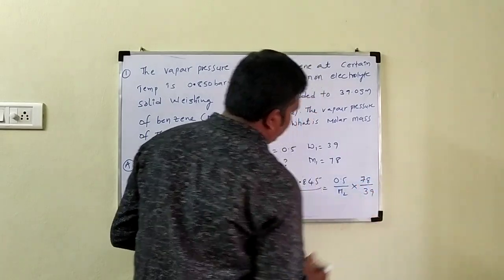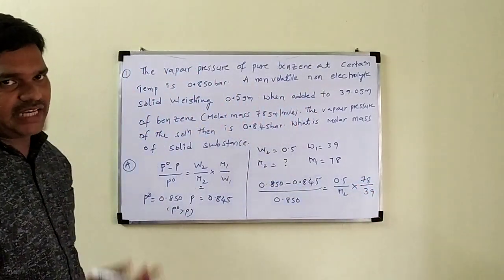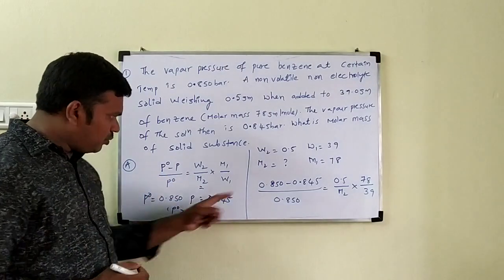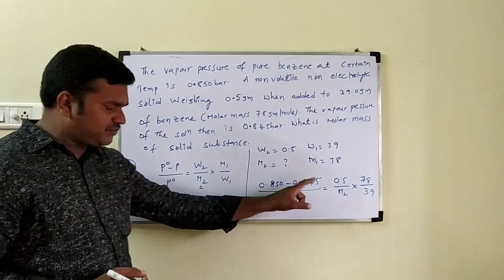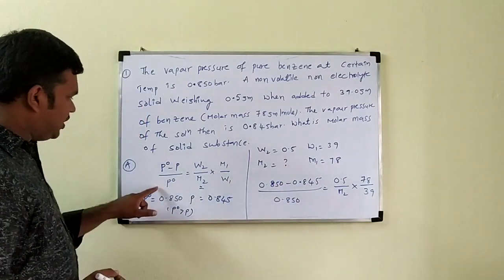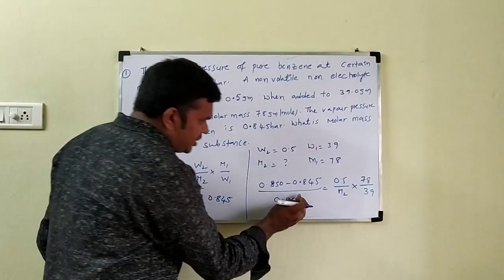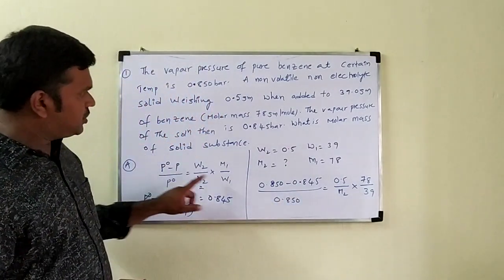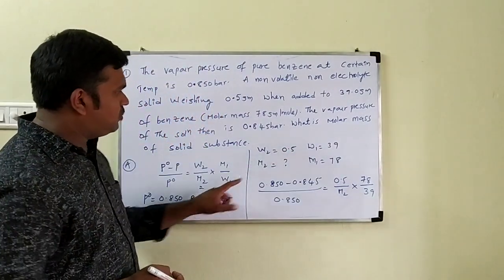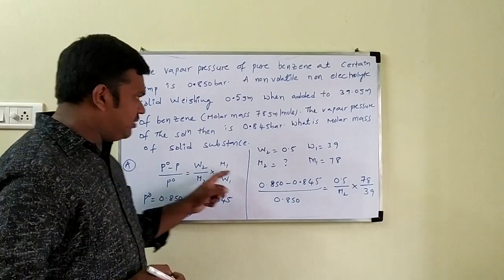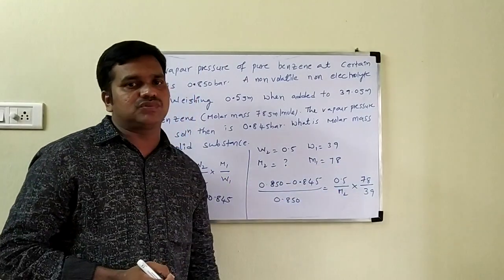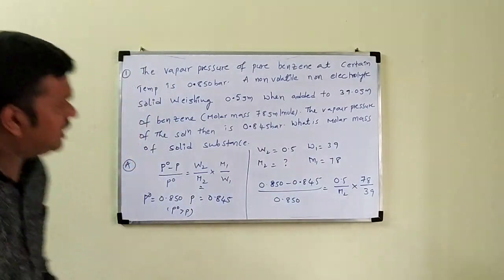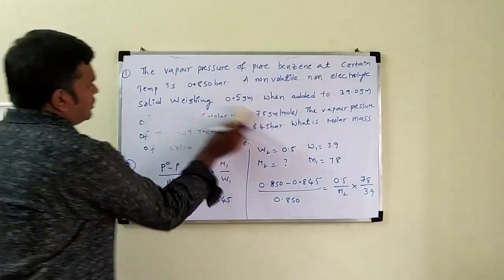What is W1? 39 grams. Again, P naught value 0.850 minus P value 0.845 by P naught value 0.850 is equal to W2 0.5, M2 you have to find, and M1 is 78, and W1 is 39 grams. Now let us see the calculation part.